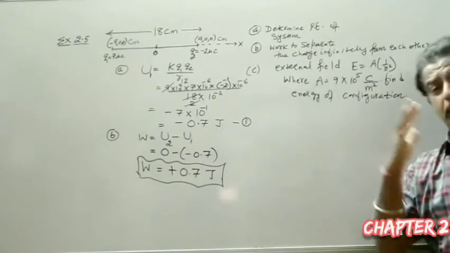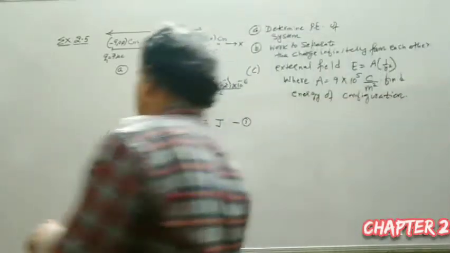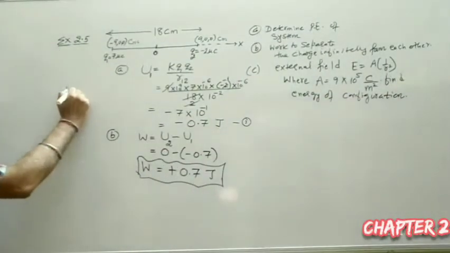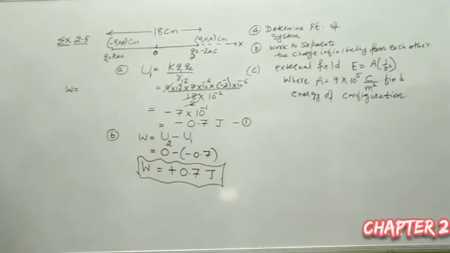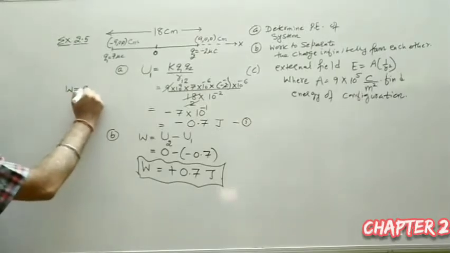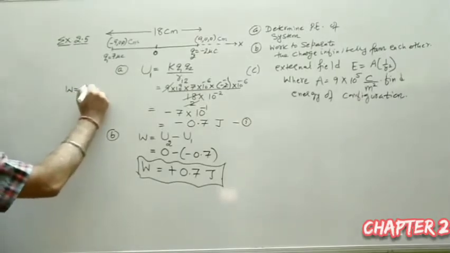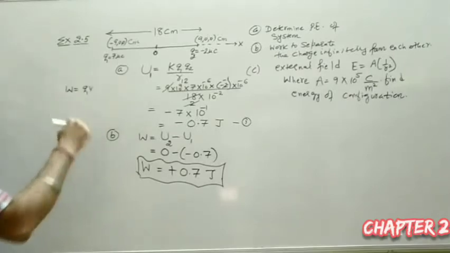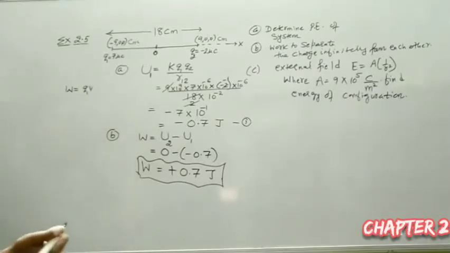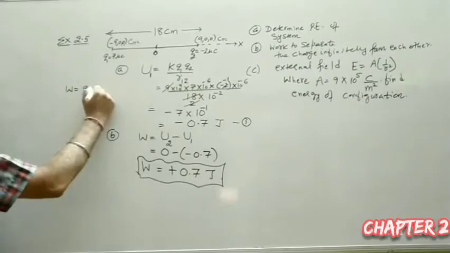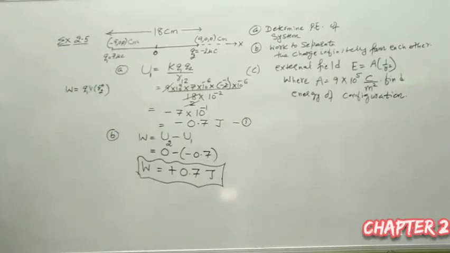So if we talk about our topic, the work done against the external field: when we brought the first charge, Q1, the work done was 0. Then the second charge was brought, so we found the potential at this point.